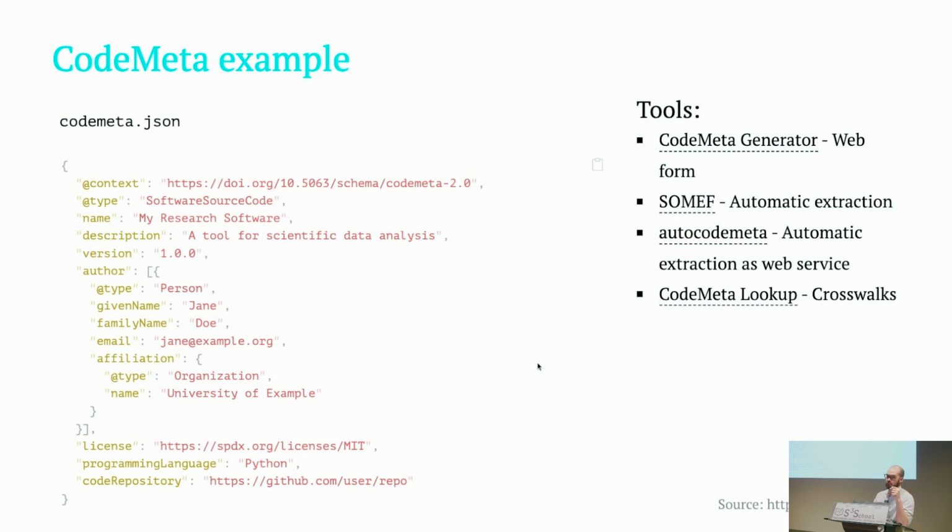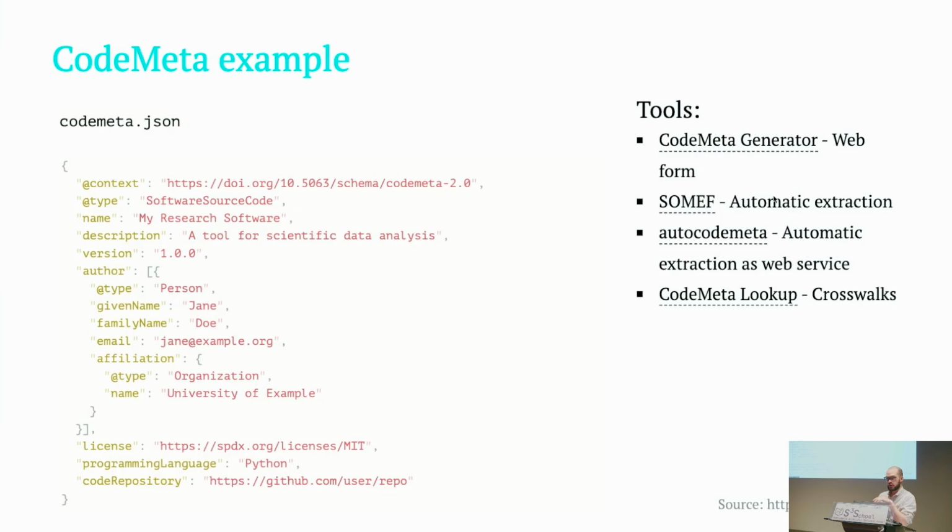You can also make it by hand, of course, but it's much more friendly with these tools. So there is this CodeMeta generator, which is a web form where you fill all the information about your software, and you get the codemeta.json.